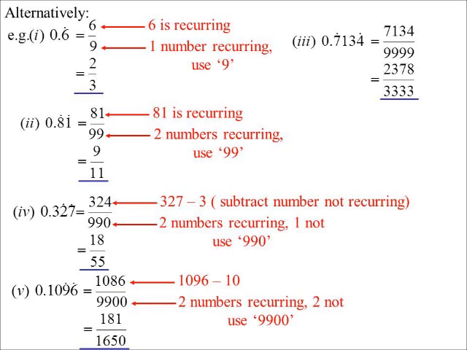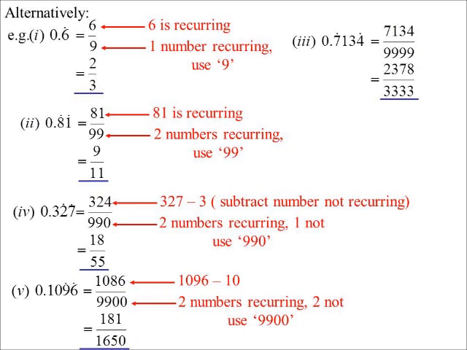And then on the bottom of the fraction, 9900. 2 numbers are repeating, so I put down 2 9s. 2 numbers are not repeating, so I put down 2 zeros. I'll guarantee if you go to your calculator, that will give you 0.10969696..., however long your calculator screen is.